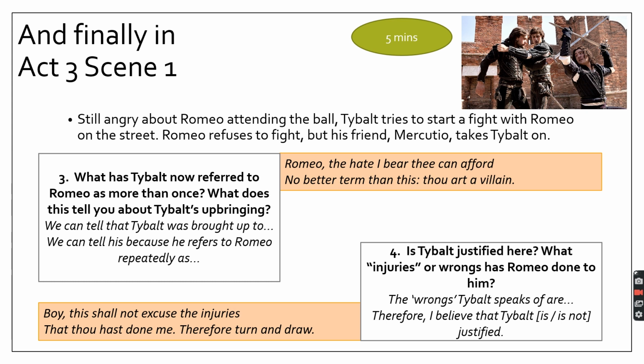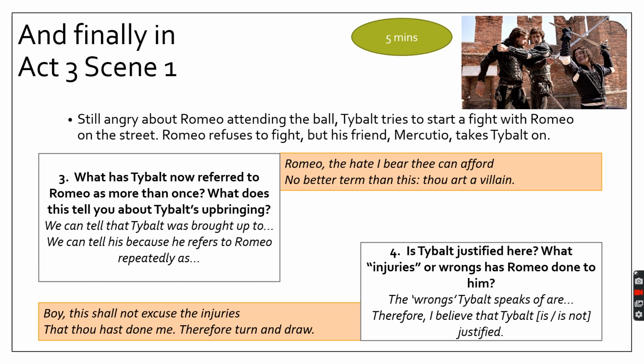Okay, finally then, we also meet Tybalt in Act 3, Scene 1. He's still angry about Romeo attending the ball. And Tybalt tries to start a fight with Romeo on the street. Romeo refuses to fight, but his mate, Mercutio, takes Tybalt on.